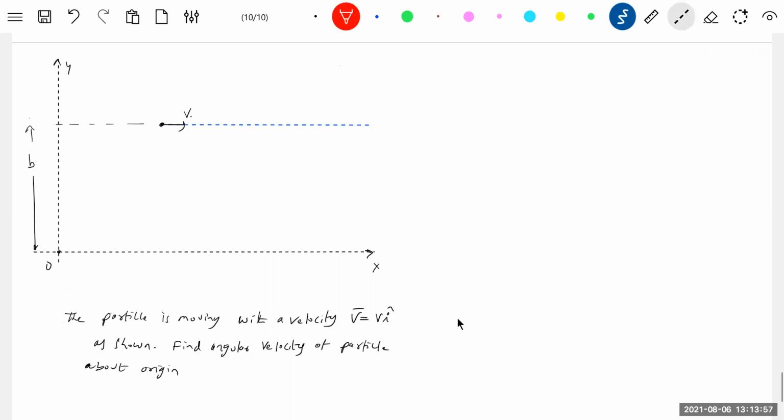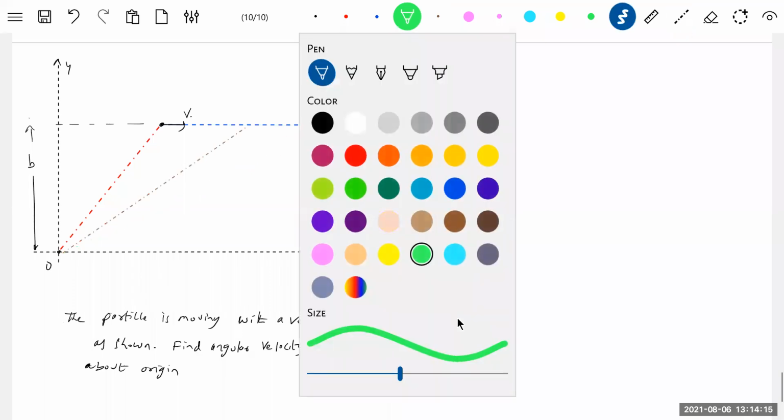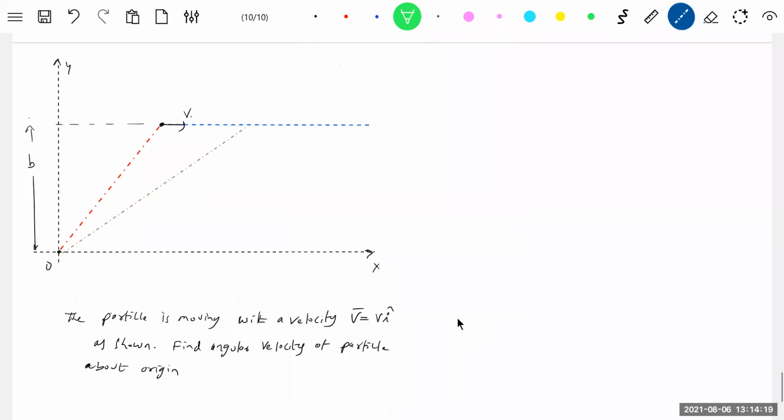Look at this direction. Initially the particle is here; after some time the particle will be here, and after some more time it will be here. Like this you keep on extending. The velocity of the particle will be the same v only.